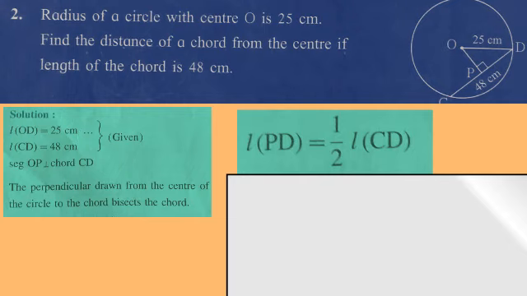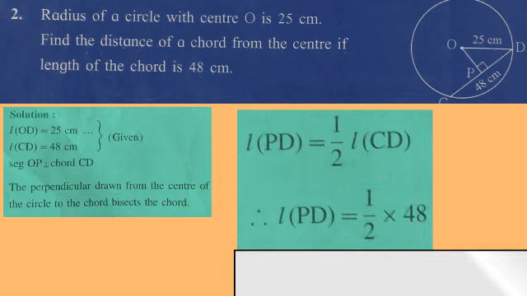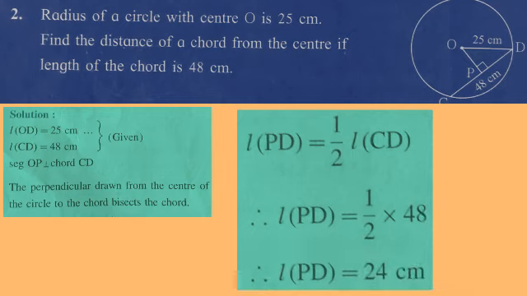Therefore, the length of PD is equal to 1/2 into length of CD. As we know, CD is 48 cm. So let's put the value into the above statement. Therefore, length of PD is equal to 1/2 into 48. 2 1s are 2, 2 2s are 4, 2 4s are 8. So our PD is 24 cm.